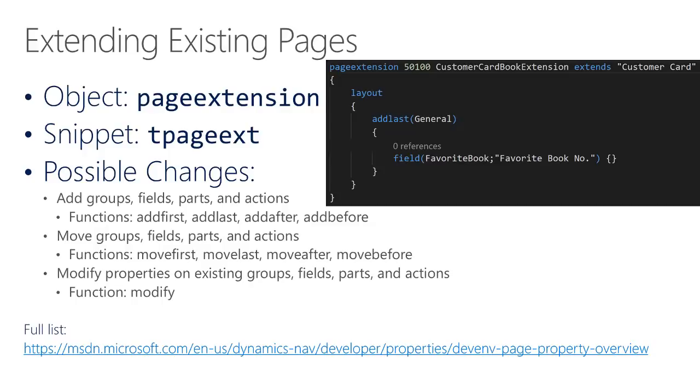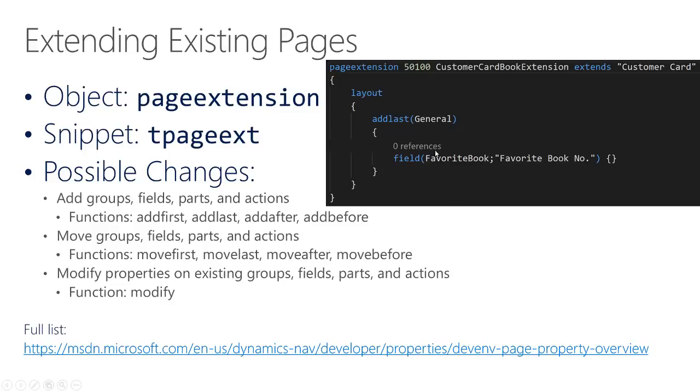You can also specify particular fields where you want to place a new field, and then you use the add after or add before anchor. You define the anchor inside the parentheses. So in the screenshot you see here, add last general. That means go to the general fast tab and add my favorite book number to the end of that fast tab.